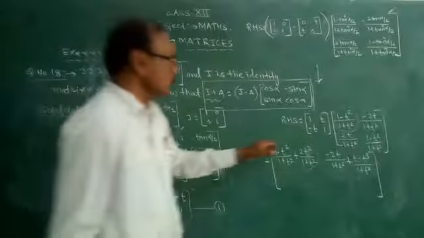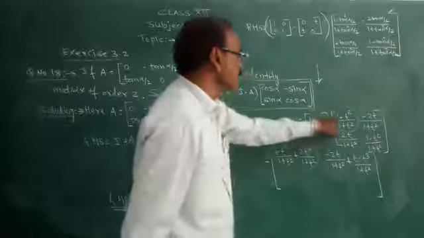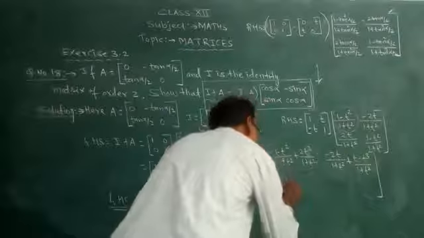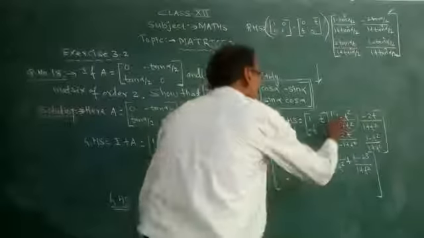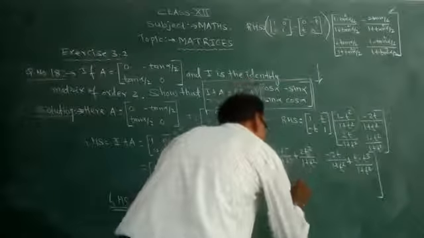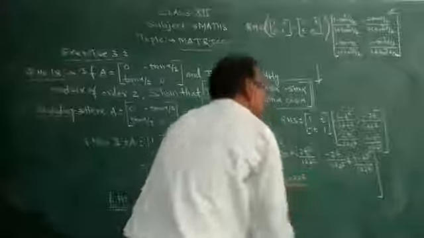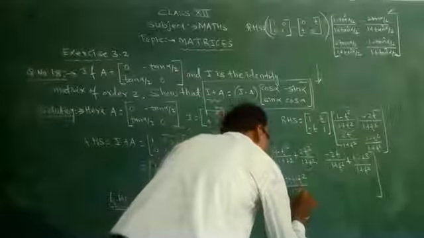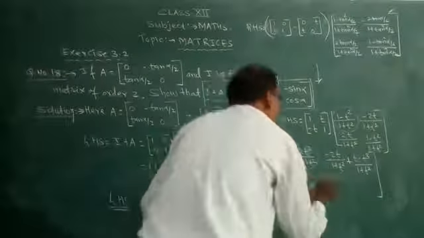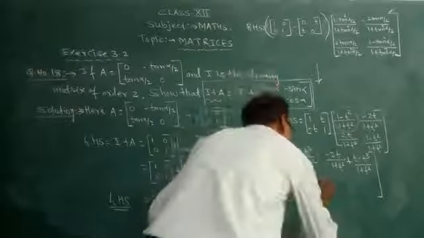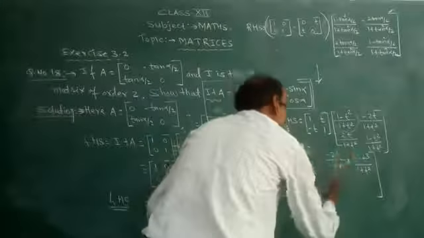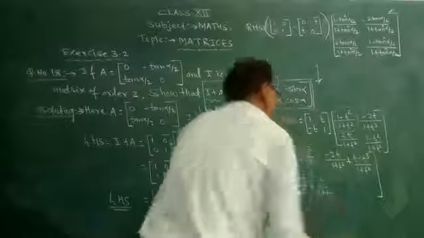Now take the second row: minus t into this plus t square upon 1 plus t square, then plus 1 into this, 2t upon 1 plus t square.